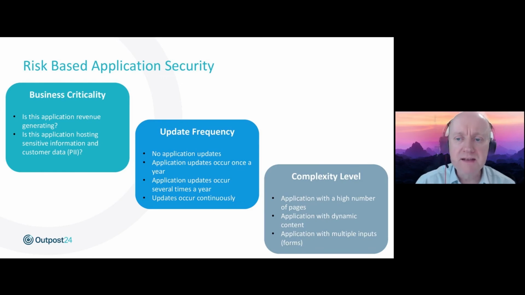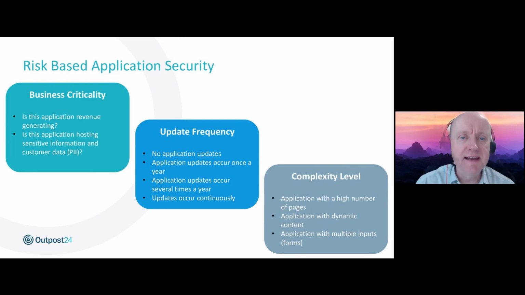If we're releasing every 2 weeks, then we should be doing testing on a more regular basis. Whereas if it's a less critical application that only has a new release every 6 or 12 months, then there's probably no need to do quite as much testing.